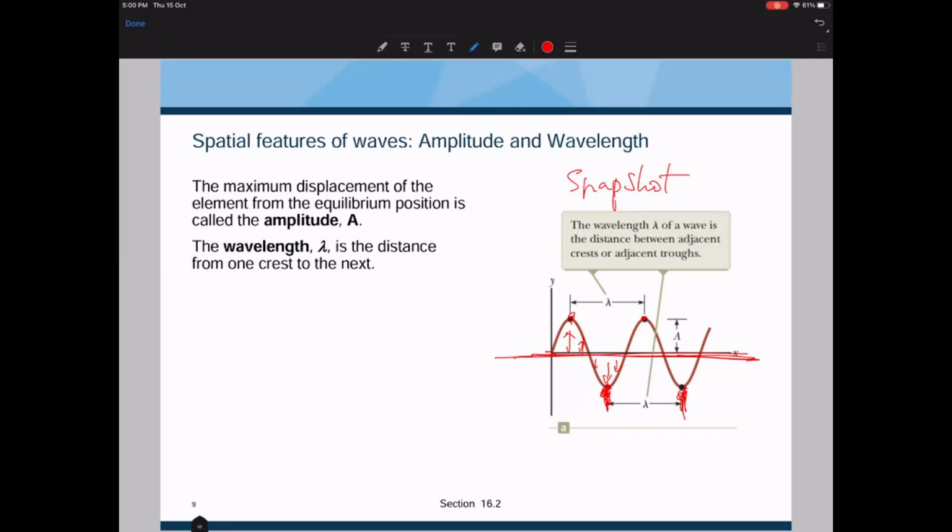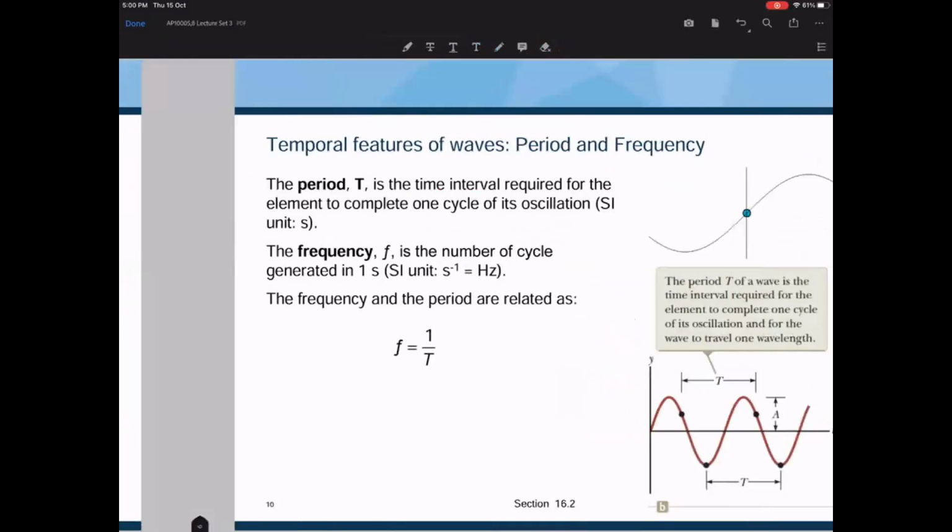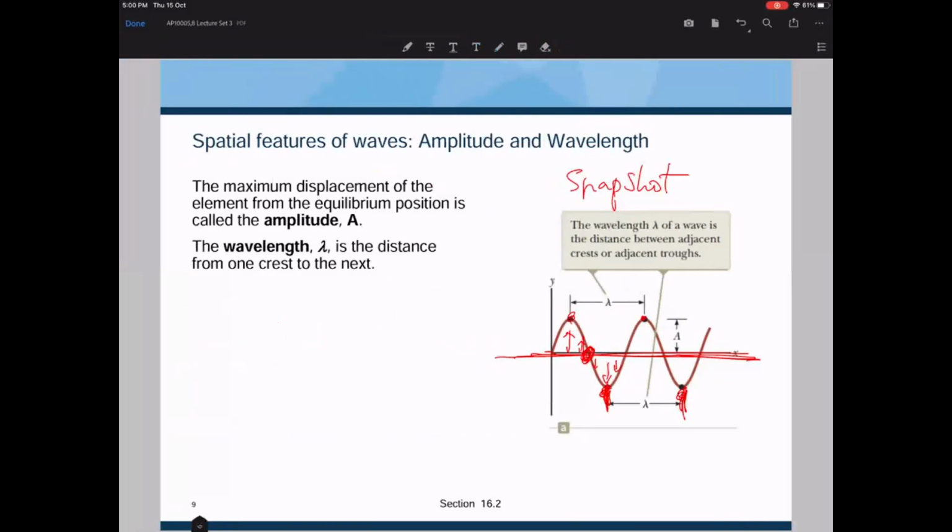But even if we move from here to here, it is still one wavelength, because when we move from here to here, everything basically repeats itself.